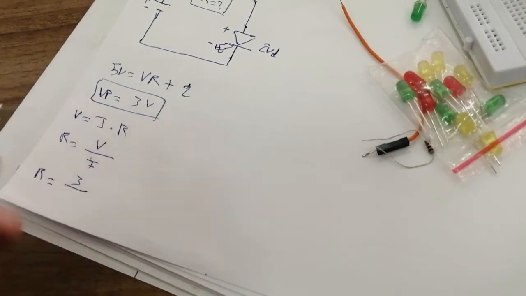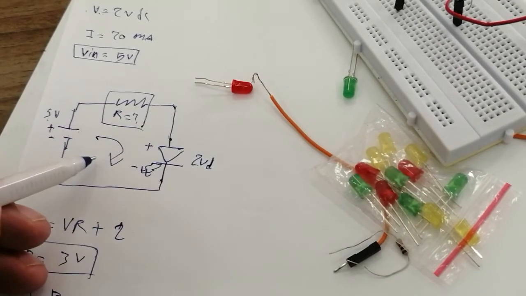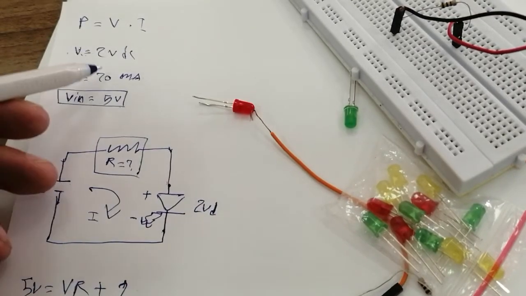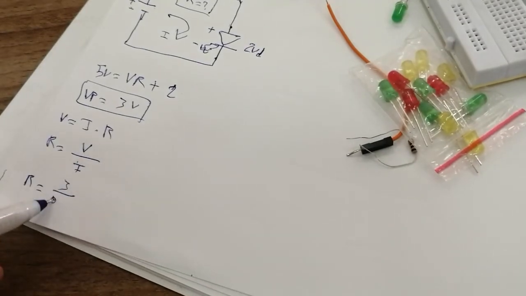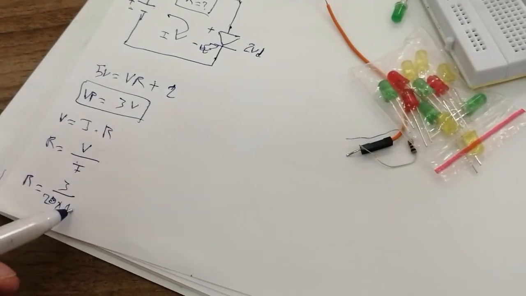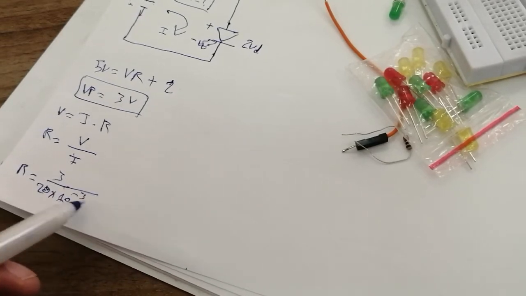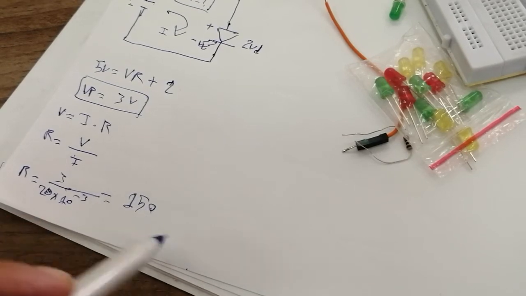I equals 20 milliampere, because here there is one I, this is a series circuit. Converting milliampere to ampere, 20 multiply 10 to the power of minus 3, R equals 150 ohm.